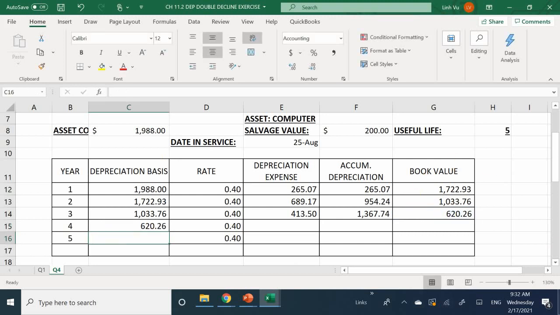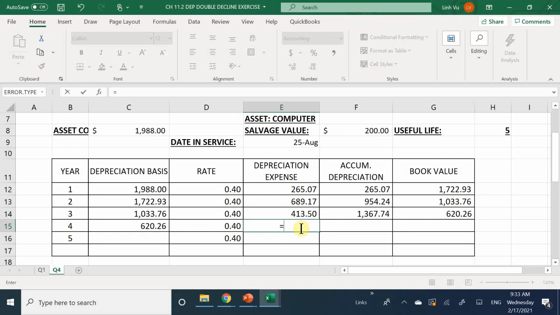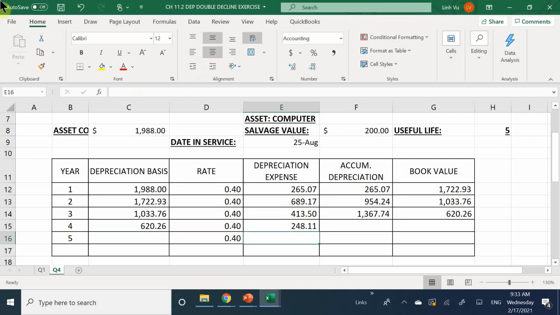All right. So that brings down my book value for year 4, or my depreciation basis. What is 40% of the 620? 248.10. Why am I getting this penny off? 248.10.